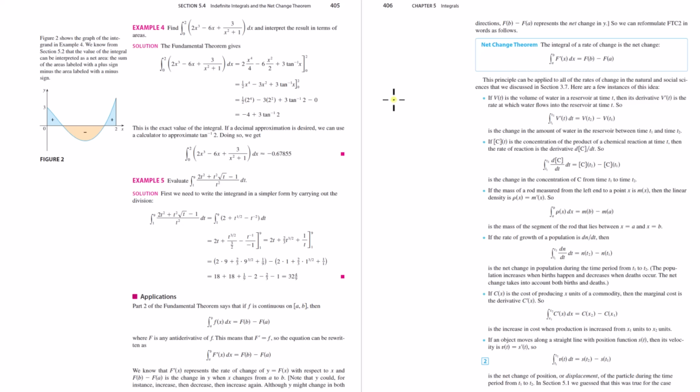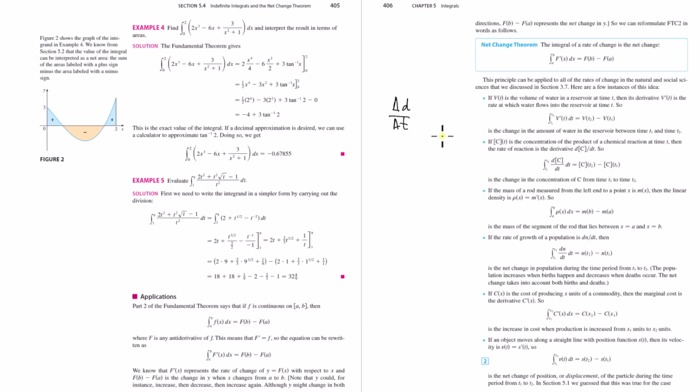So for example, velocity. If we're taking the definite integral of a velocity function, a change in distance with respect to a change in time, over an interval from A to B, it's a rate of change function.